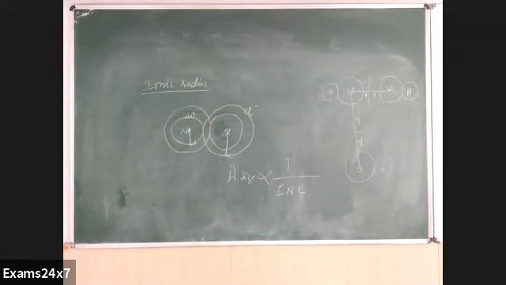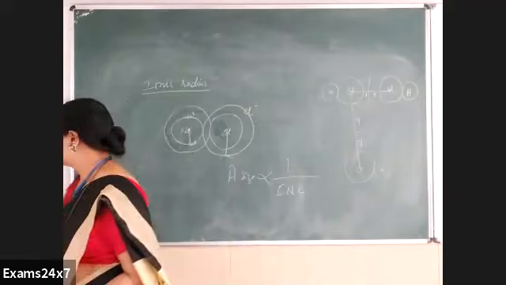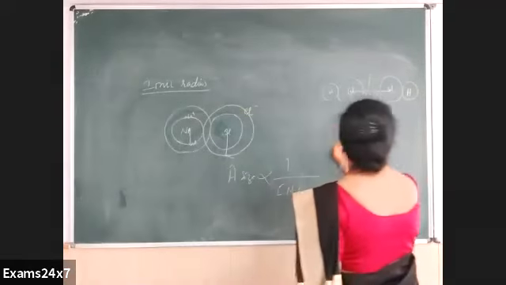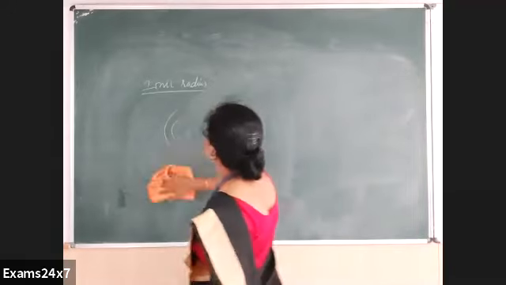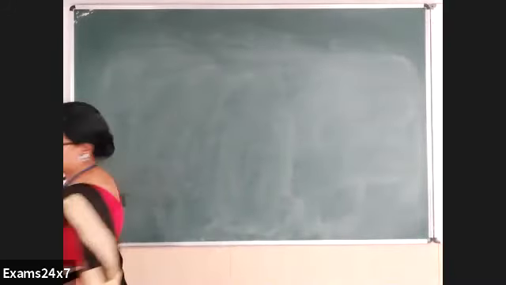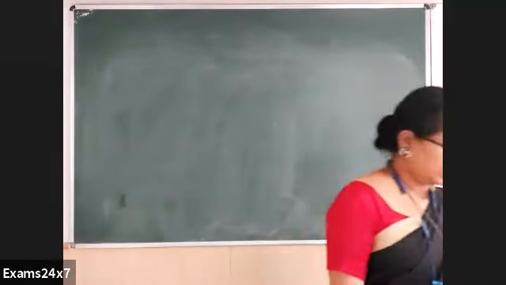Because new shells are added. Electrons are added to the new shells. That is regarding the atomic size. We'll move to the next property, ionization potential.